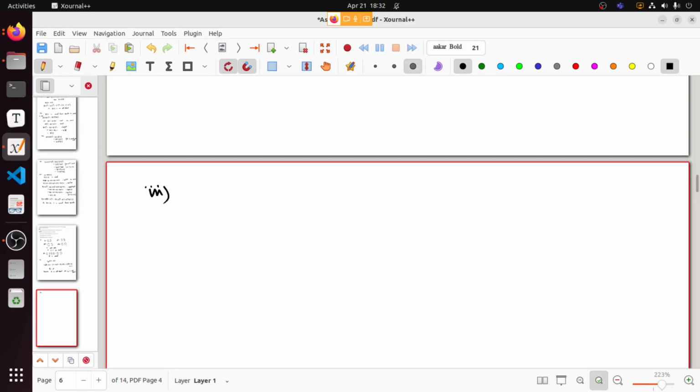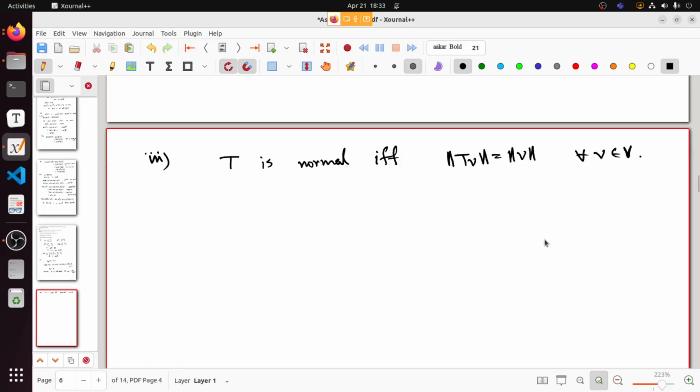So what is the question? T is normal if and only if norm of Tv equals norm of v for all v belonging to the vector space. So let's show that this is not true by taking an example.